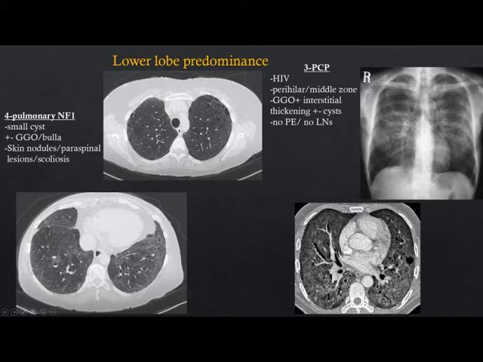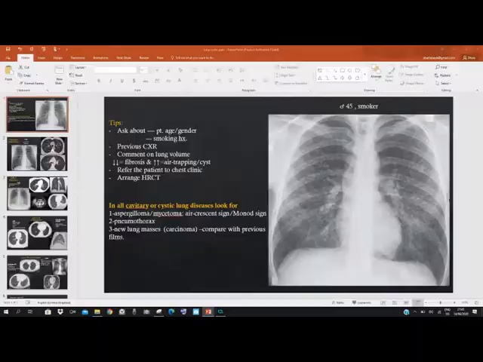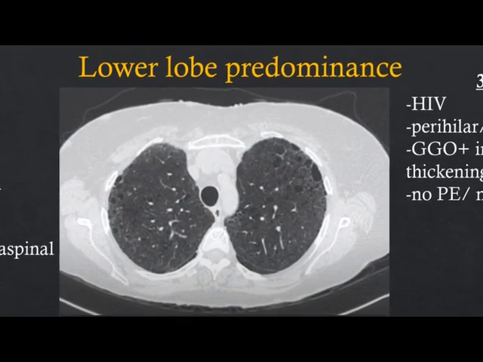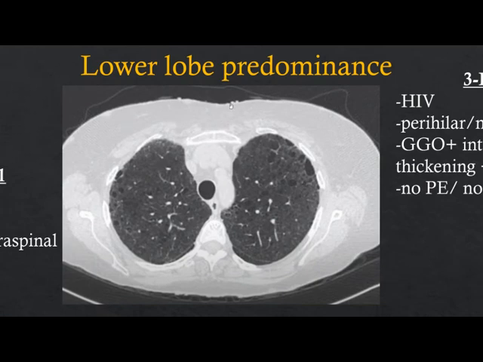The last differential diagnosis of lower lobe predominant cystic disease is pulmonary neurofibromatosis. As you can see in this case, the patient has lung cysts, which can be associated with ground glass opacity or bullous disease. And the key finding in those cases, as in this patient, is the presence of subcutaneous nodules here and here.